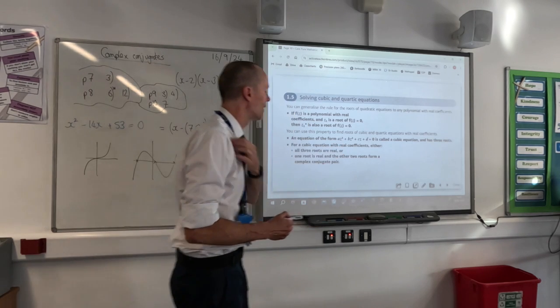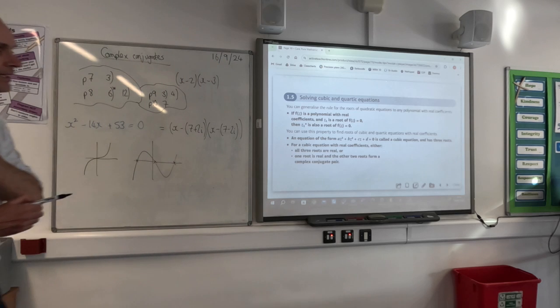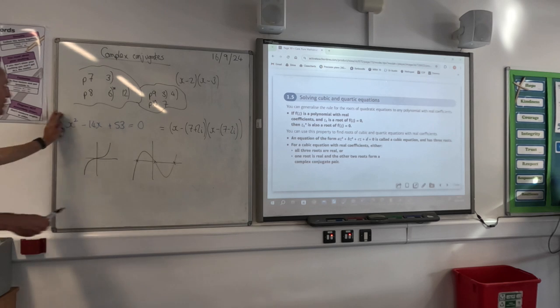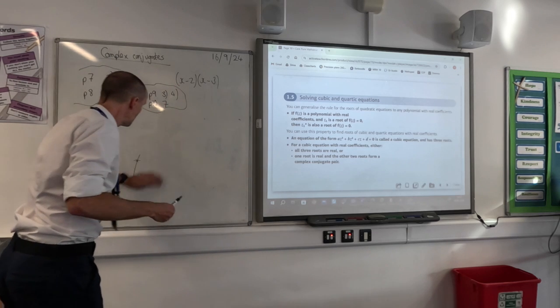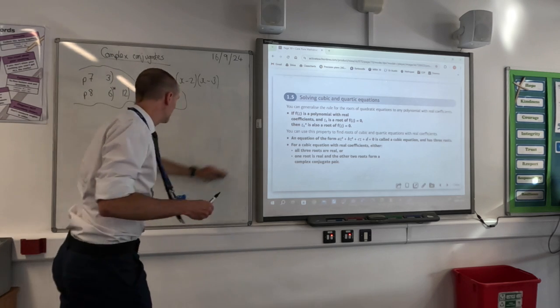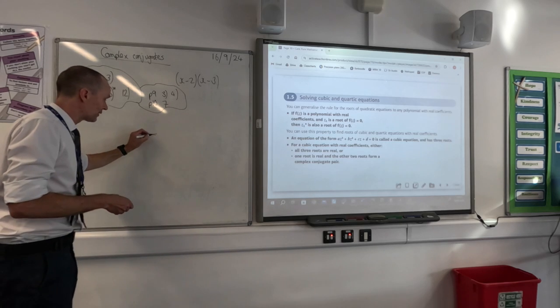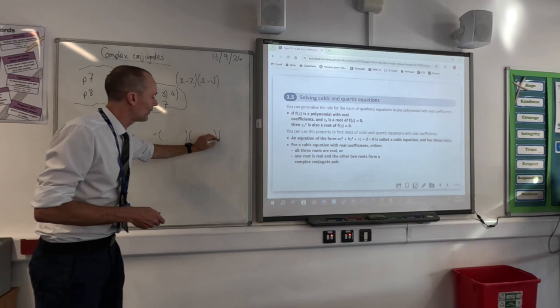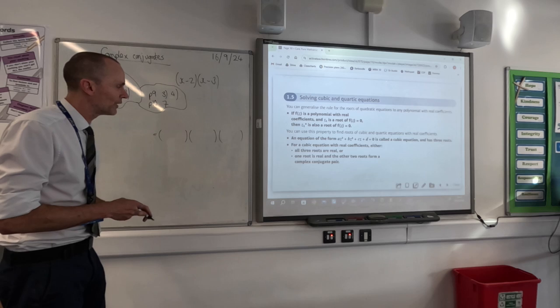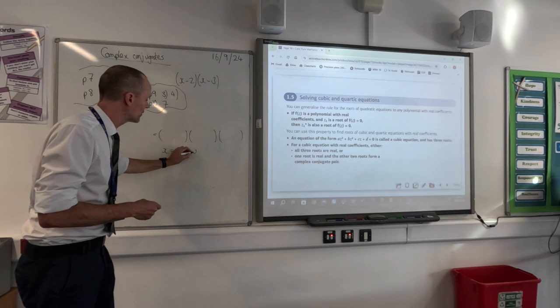That's an equation where the highest power of x, or whatever the variable is, is cubed. There are potentially three solutions. And so when you've got a cubic, you can factorize it into three separate factors, and those factors will give you three separate solutions.